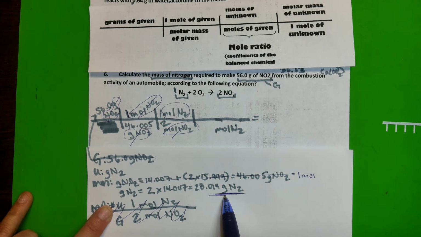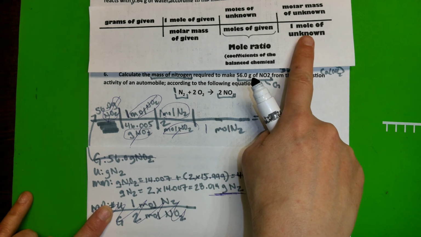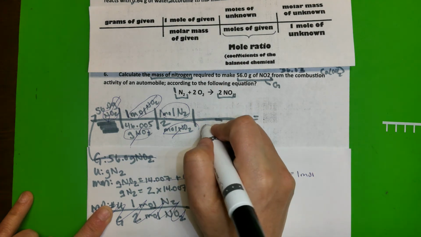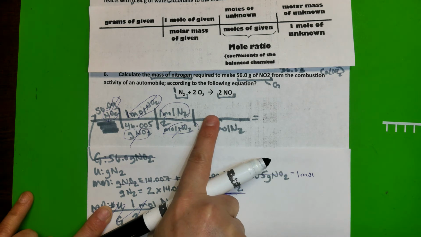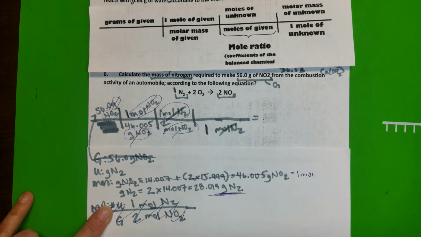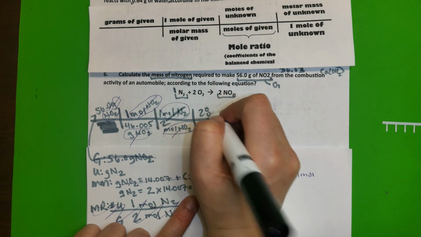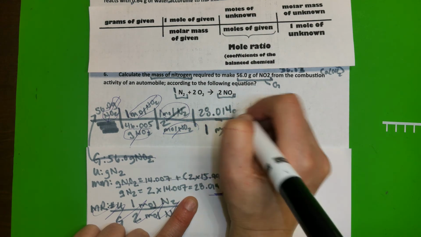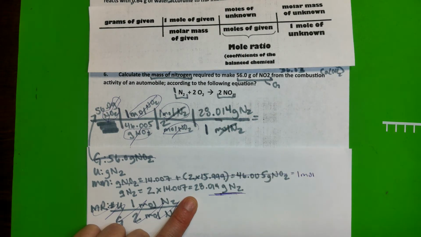We already did the mole ratio, so the only thing that is left is our grams of N2. Remember that molar mass equals 1 mole. So that will be 1 mole, and you could always check, you see how it's 1 mole equals the molar mass. The molar mass goes on the top. So it would be 28.014 grams of N2. So you are left with grams of N2.